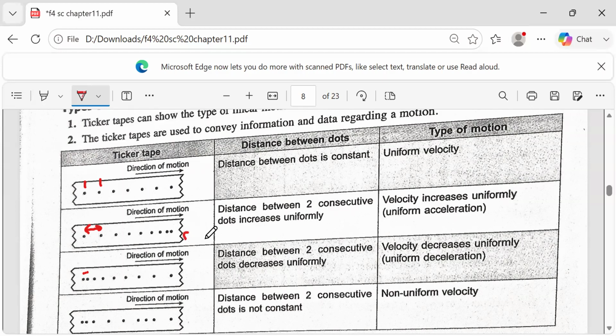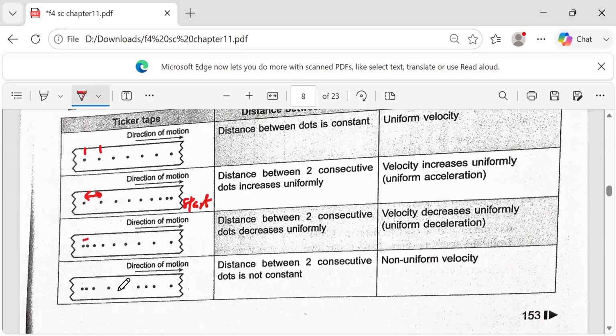You start from here. It's very slow and then becomes faster. This one is very fast and then becomes slower. This one is not the same. It's fast and then slow and then slow.